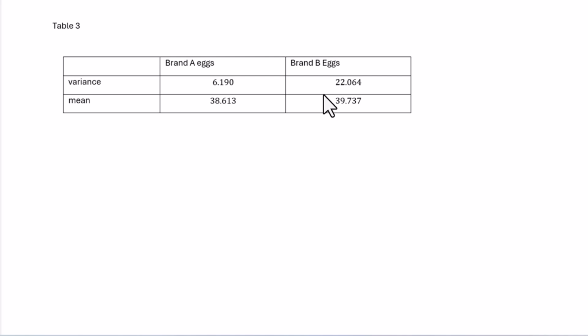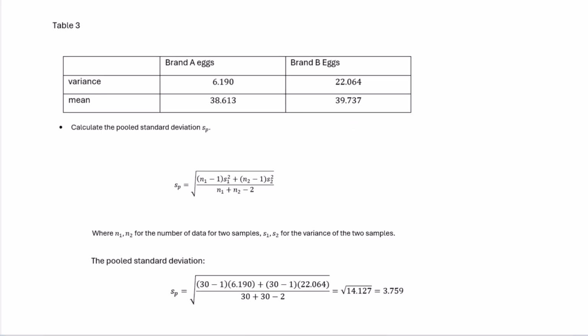We got variance equals 22.064. Mean equals 39.737. Next step, we need to calculate the pooled standard deviation S sub p by using this formula, where N1, N2 for the number of data for two samples, S sub 1, S sub 2 for the variance of the two samples.